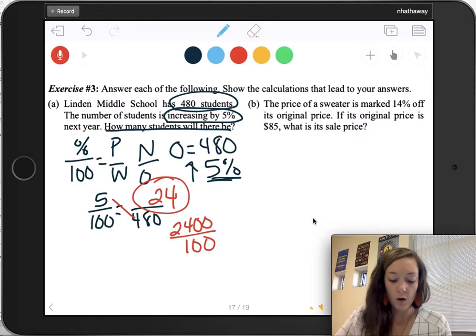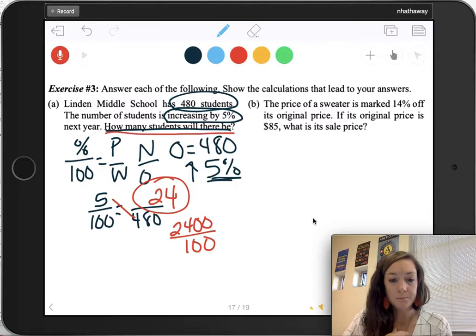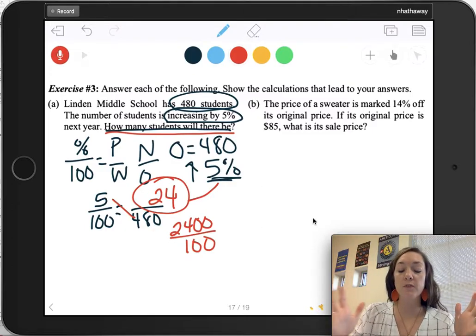So 24 is what? That's the question here. Is 24 how many students there's going to be next year? No, that doesn't make sense. 24 is the increase in students as a student number versus a percent.